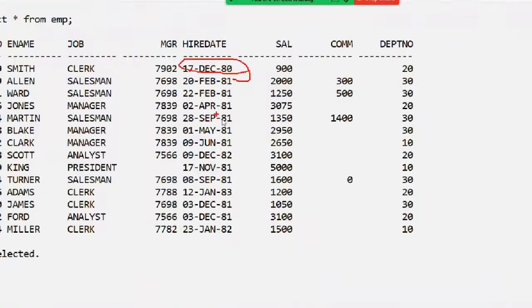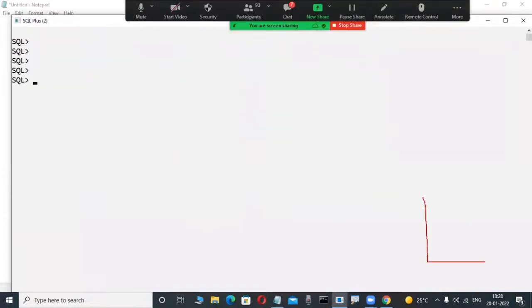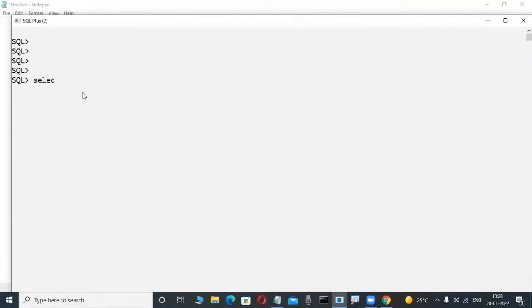As a SQL programmer, you have the data somewhere, and to fetch it you just write queries. Observe here: select star from table name where hire date is less than or equal to 1st January 1981, something like this.